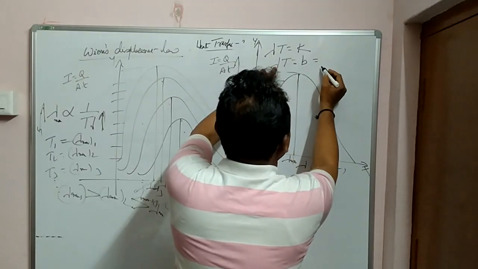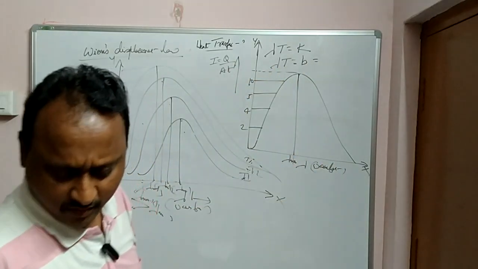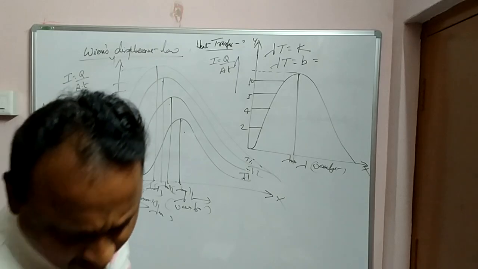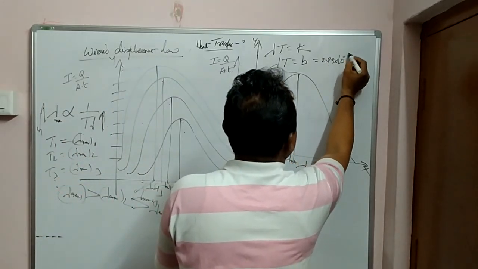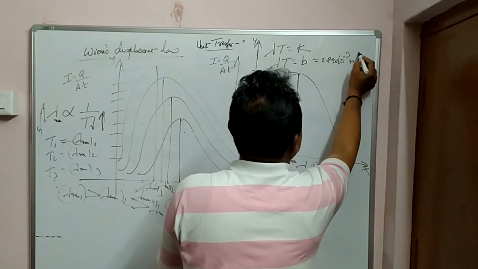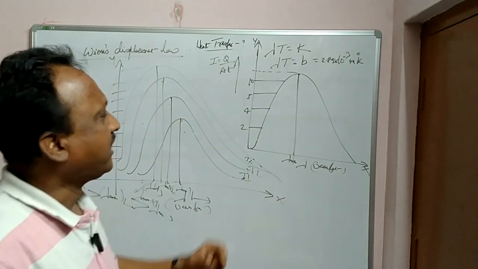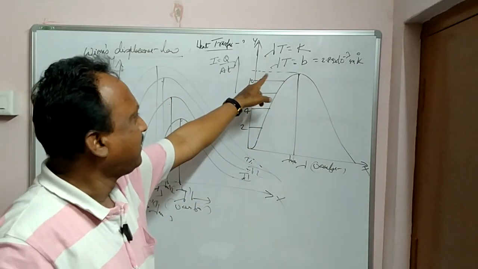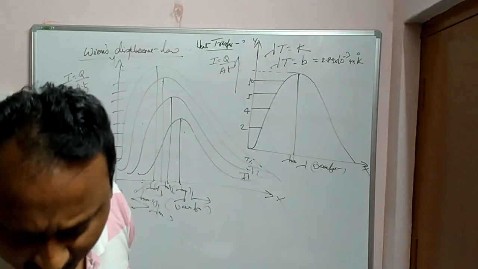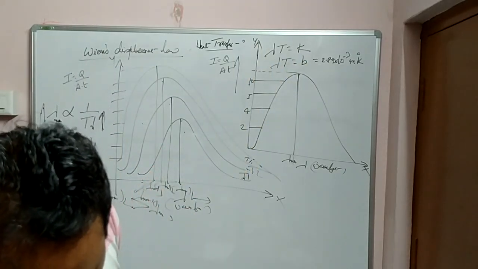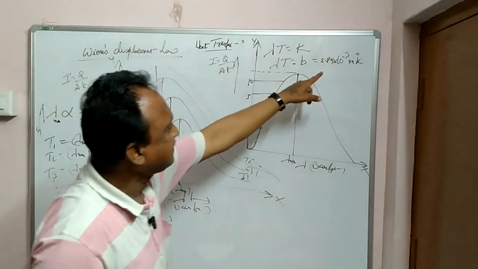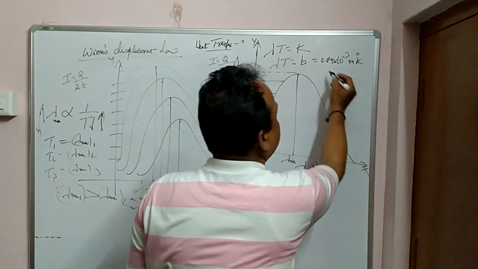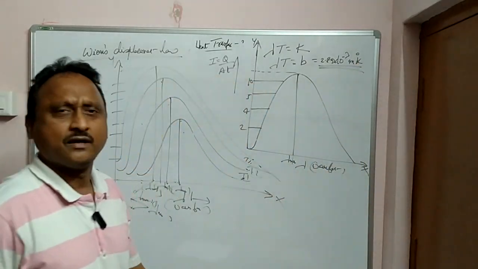The SI unit is meter Kelvin, around 2.89 into 10 power minus 3 meter Kelvin. What is the value of that constant? Lambda T is equal to b. That b value was found to be 2.89 into 10 power minus 3 meter Kelvin. This is the value of the constant.